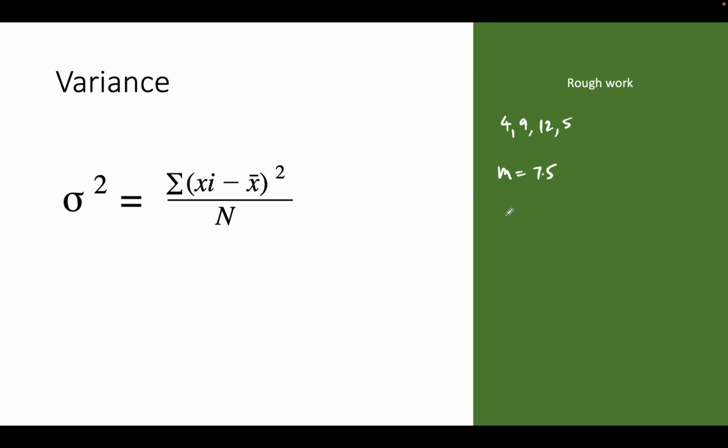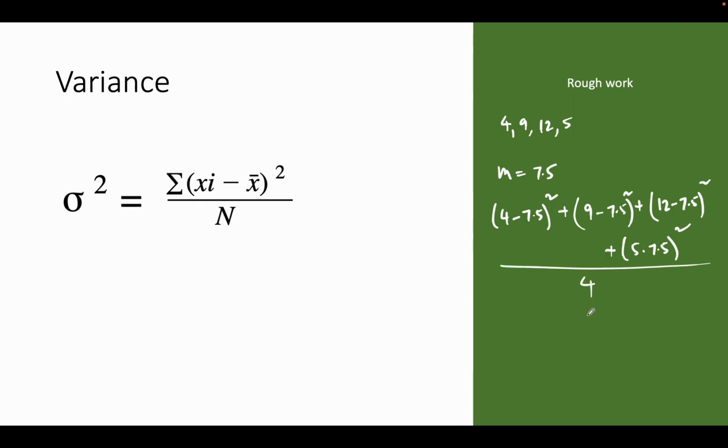Now from each term we subtract the mean, square it, and then add up. Like this, and 12 minus 7.5 whole squared plus 5 minus 7.5 whole squared, whole divided by 4. This comes out to be 10.25. So this is how we find the variance.